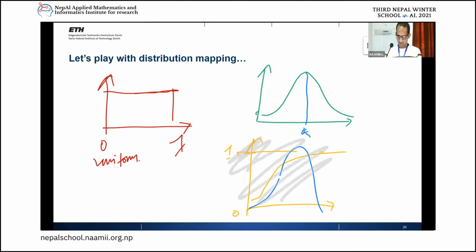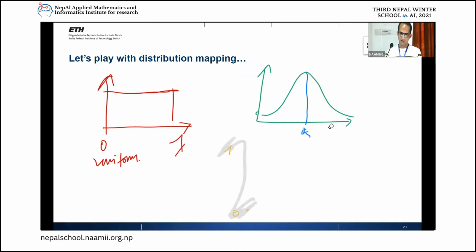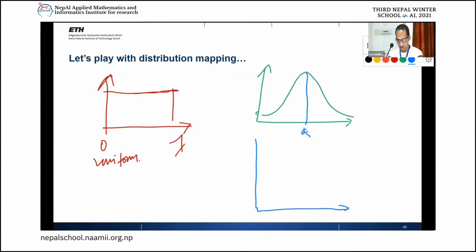So what is important to understand is that this particular thing is going to be of slightly this form because of high values here. This will quickly go off, and this is the CDF, cumulative. So this is 1, this is 0.